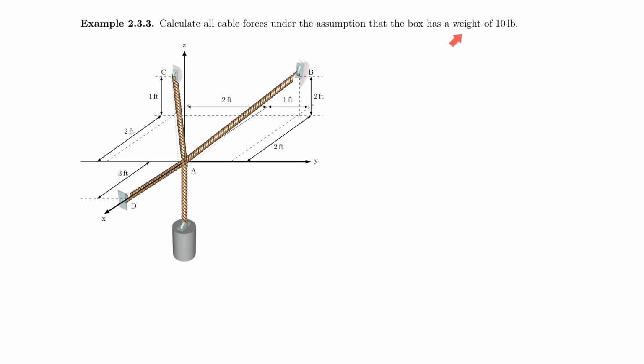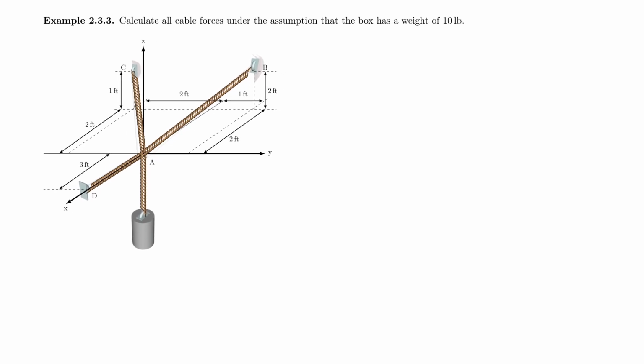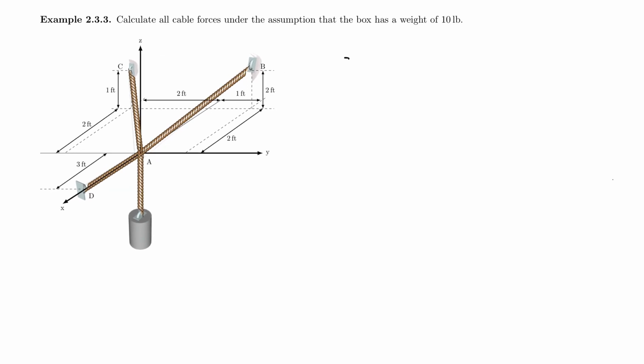So what we have here is a box or a container with 10 pounds, and that is acting clearly vertically downwards. And then we have AB, AC, and AD with dimensions given. So let's just go ahead and write out our equations. And I start with my conditions. Sum of the forces in X is equal to 0. Sum of the forces in Y is equal to 0. And sum of the forces in Z is equal to 0.